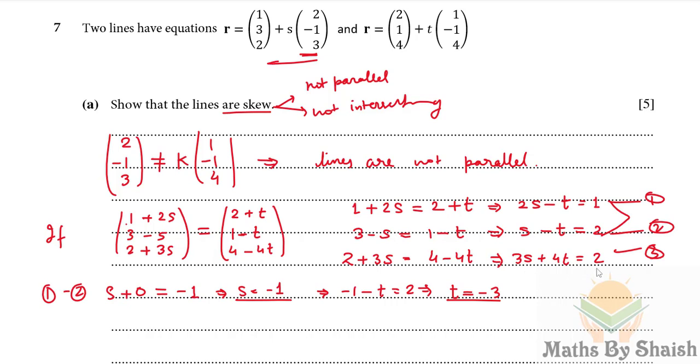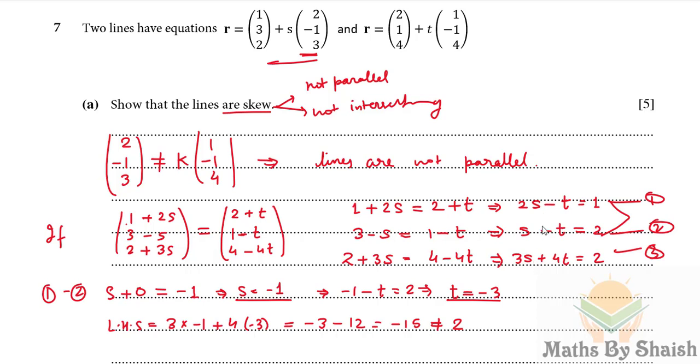We'll replace here to check whether the right hand side is the same as the left hand side. The left hand side is 3 times minus 1 plus 4 times minus 3, that is minus 3 minus 12, which is minus 15, which is not the same as 2.